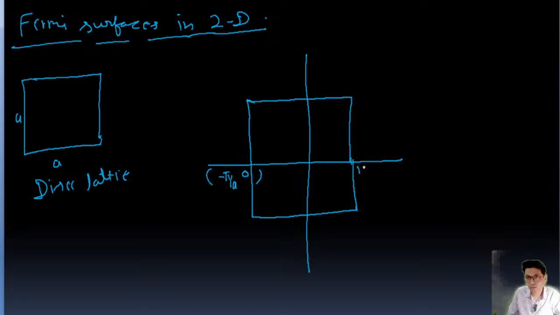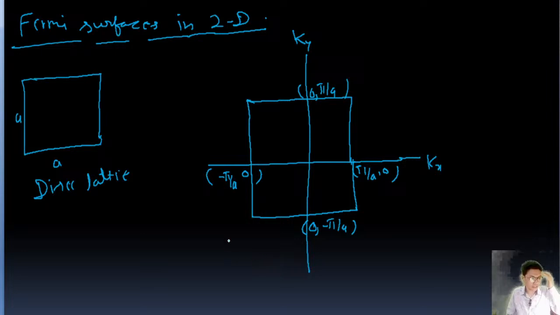This is pi by a comma 0. This is 0 comma pi by a, and this is 0 comma minus pi by a. Okay, and this is kx. So this is the reciprocal lattice, right? Which is represented in momentum space.